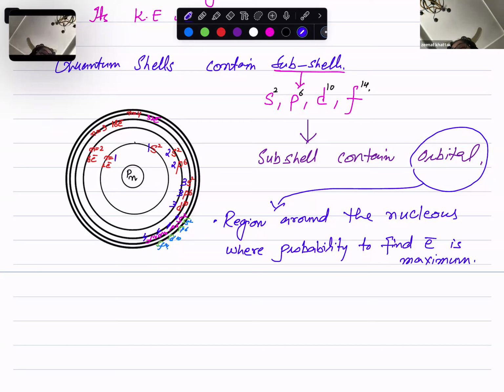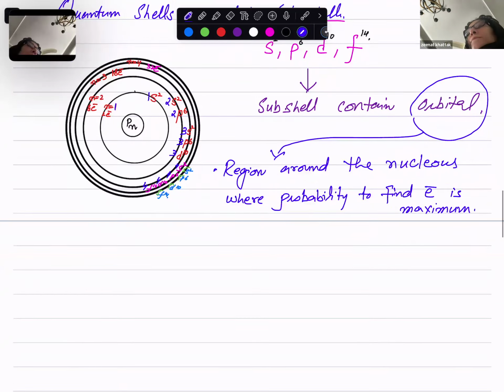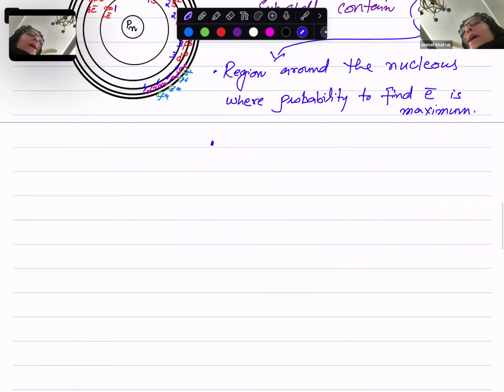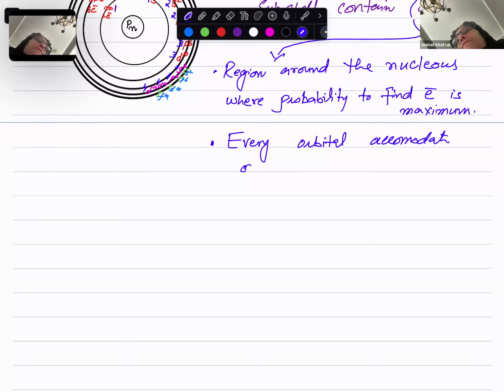Region around the nucleus where probability to find the electron is maximum. Right? Now, next point: every orbital accommodates only two electrons.